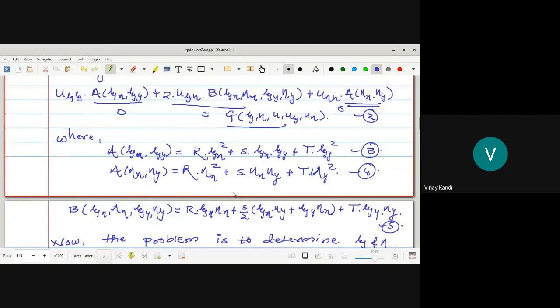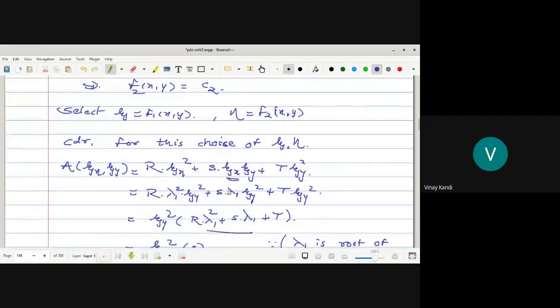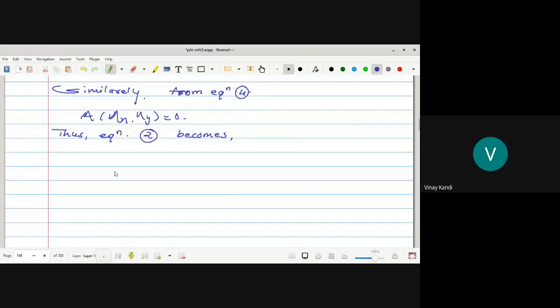Okay, so what will remain here? Equation 2 becomes 2 into b into, okay, this is the function of what? Psi x, psi y, eta x, eta y, into the u of zeta eta, is equal to g of psi eta u psi and u eta.